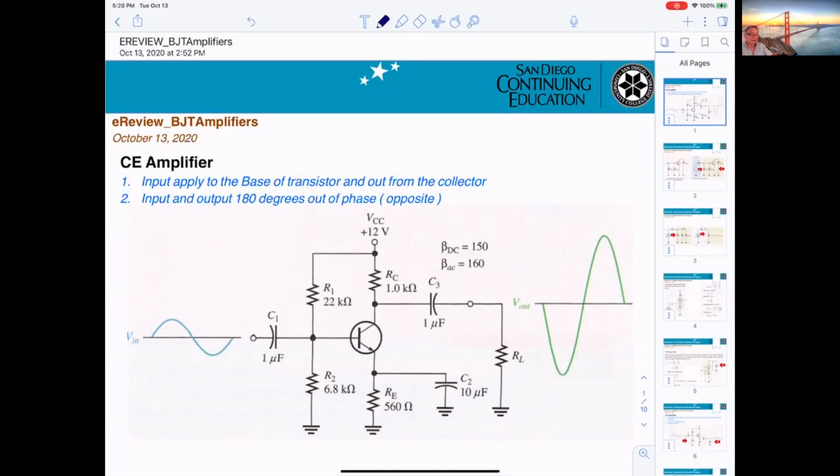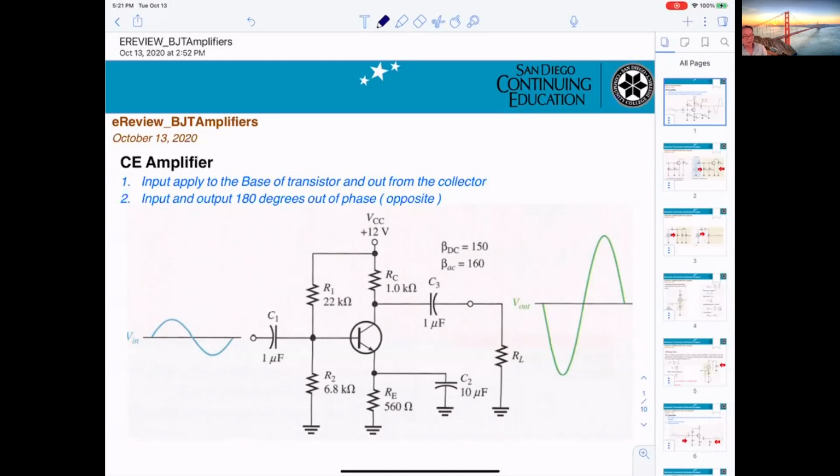Also, second thing, they want to know about the capacitors. What is the name of each capacitor and what are they doing? Okay, so the first one, C1, that will be DC blocking or AC coupling.